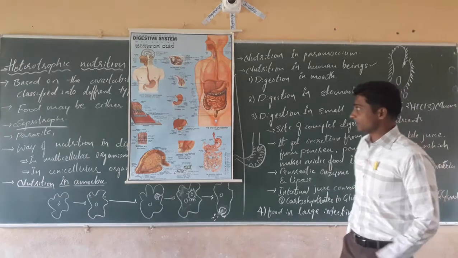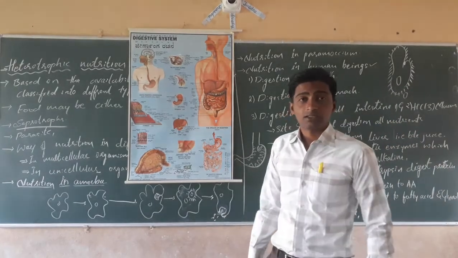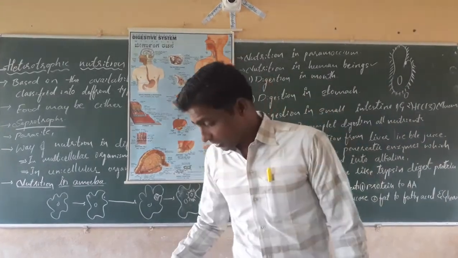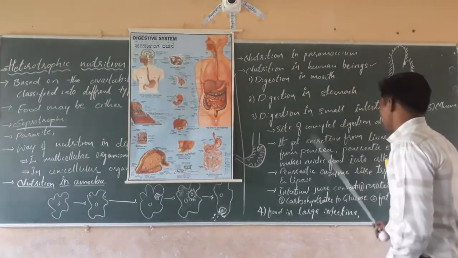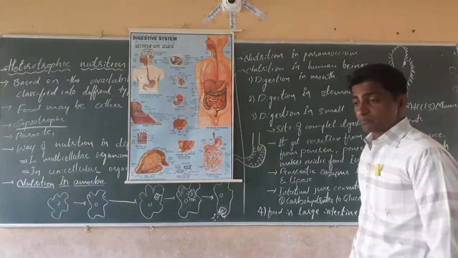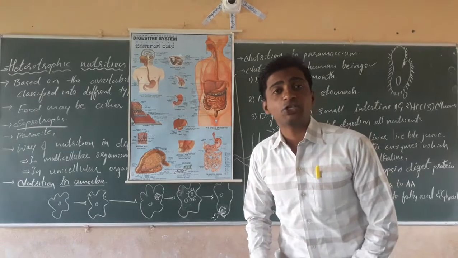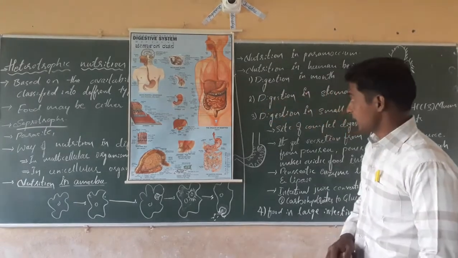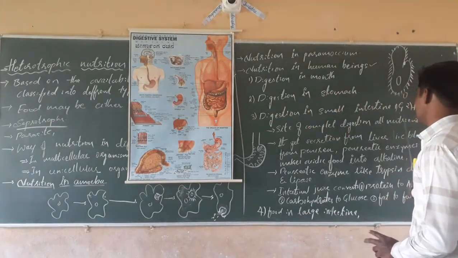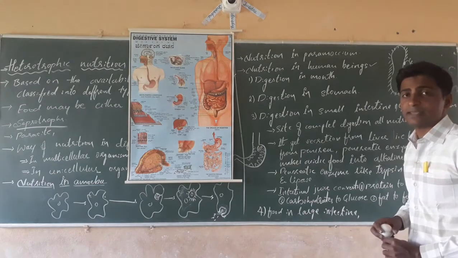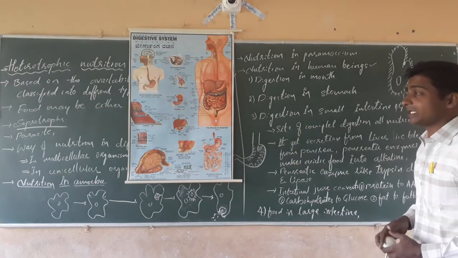The gastric juice helps in the digestion of protein. The gastric juice contains different enzymes, pepsin and rennin.